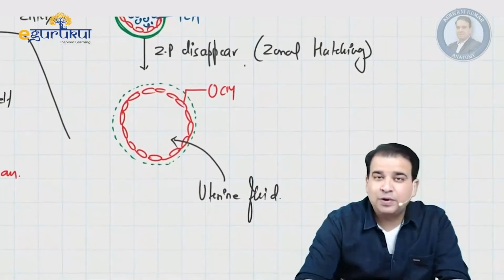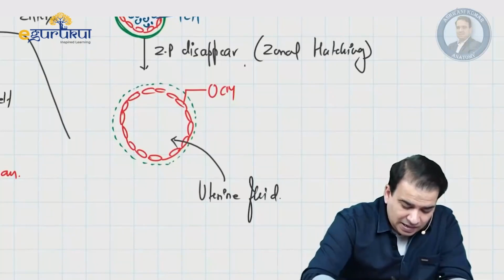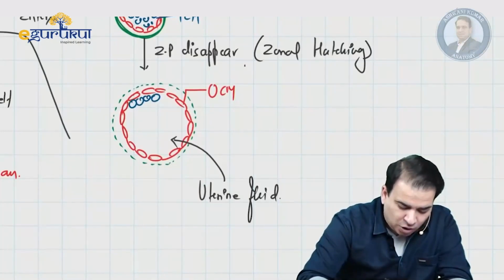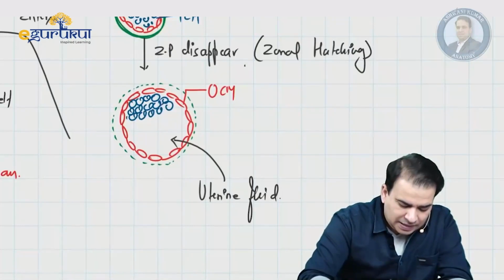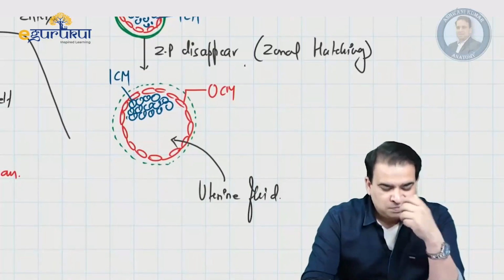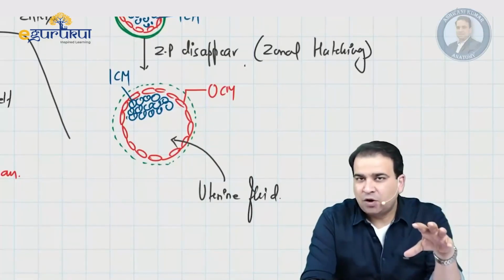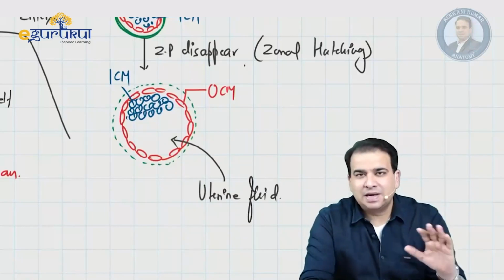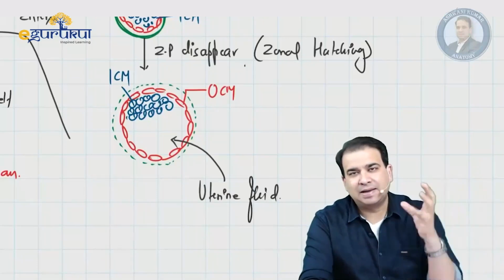And once the uterine fluid enters inside, the entire inner cell mass is pushed to one corner. Look at that. So clearly you can see now the cavity is formed inside because of the uterine fluid entering. The inner cell mass is pushed to one side and the cavity is formed inside.